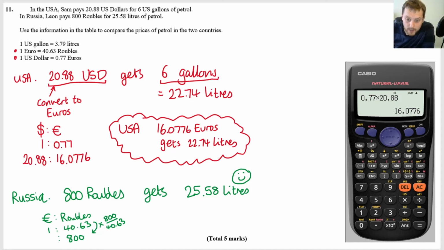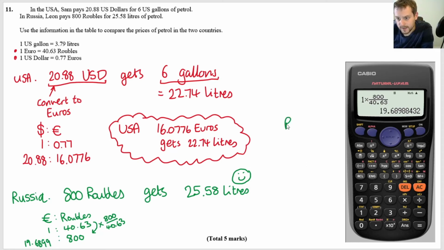So anyway, I'm going to do 1 times 800 over 40.63. And this is where I will definitely have to round, so 19.6899, let's call it that, because that's so close. So that's rounded.